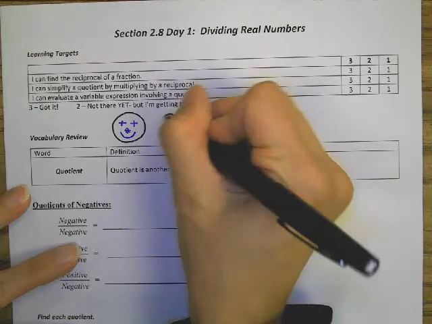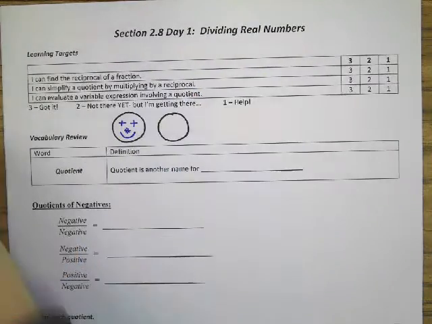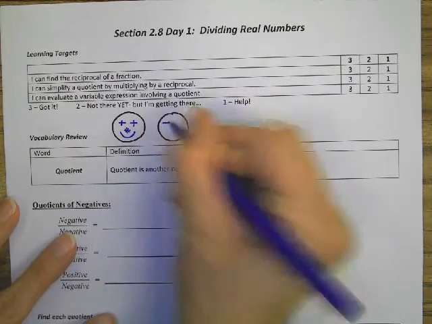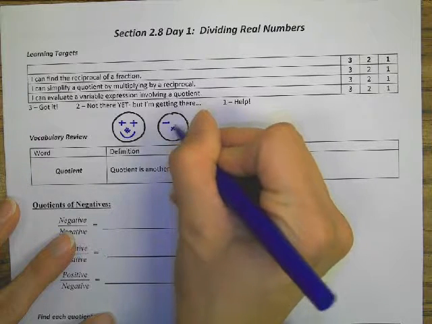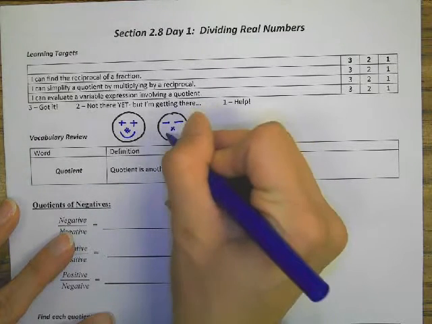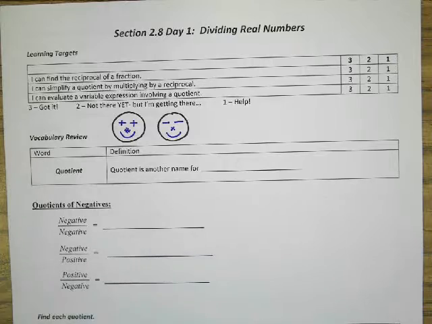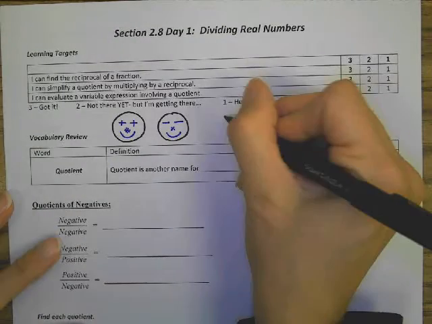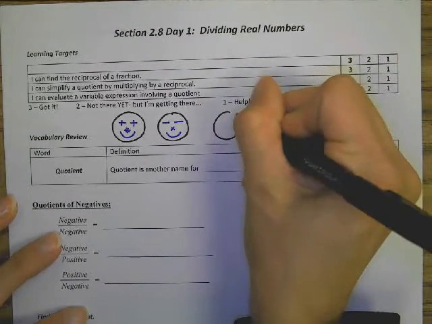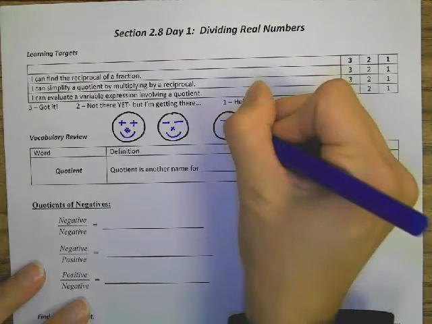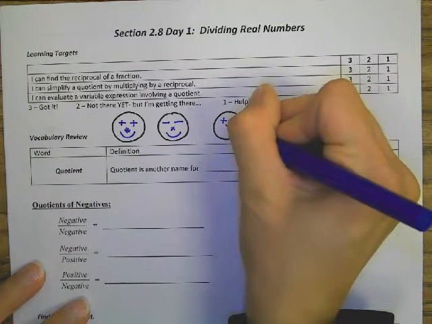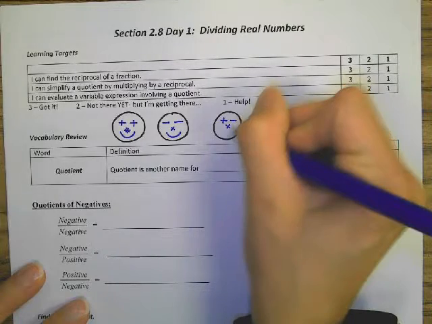Okay, I want you to draw another face. This time it's going to look like the person's sleeping. A negative times a negative is also a positive. But what do you think about something like this? What's a positive times a negative?